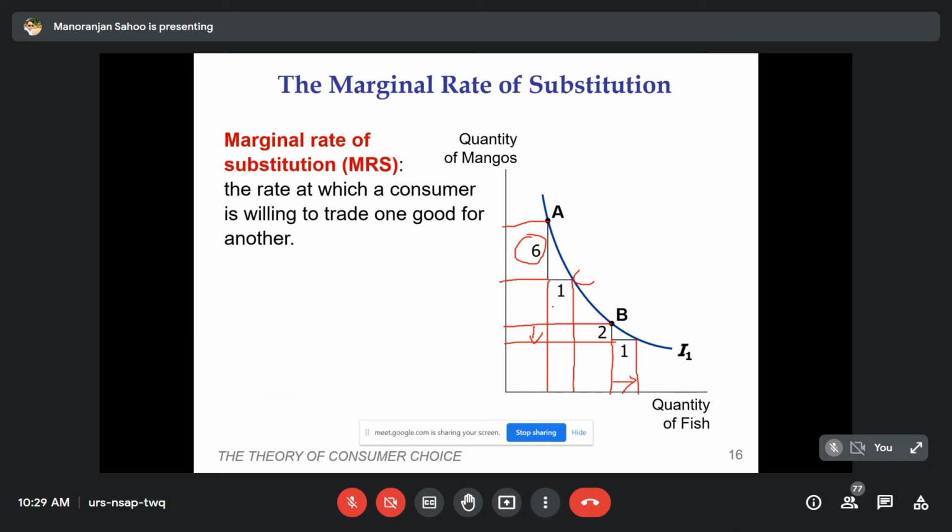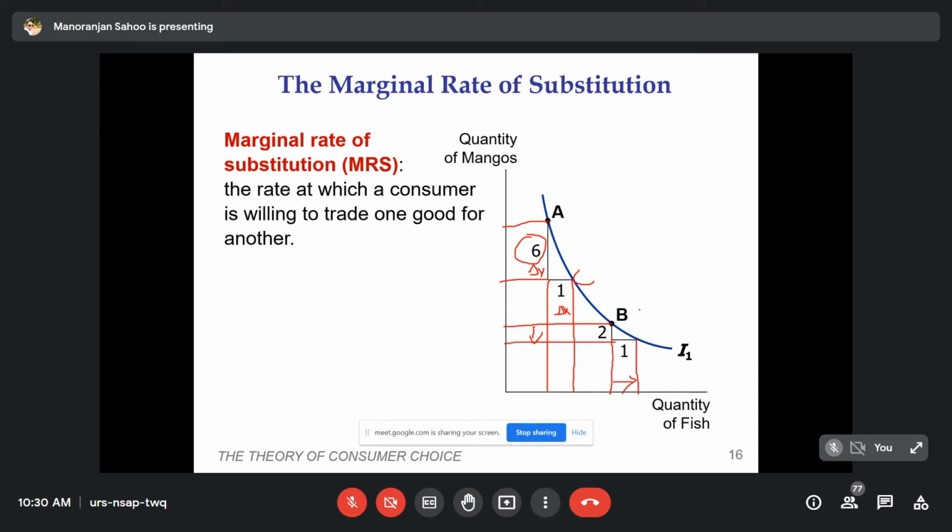Delta y will be here, delta x will be here. Okay, so this is called the slope of the indifference curve or marginal rate of substitution, the rate at which the consumer exchanges one good for the other so that his level of satisfaction remains the same.